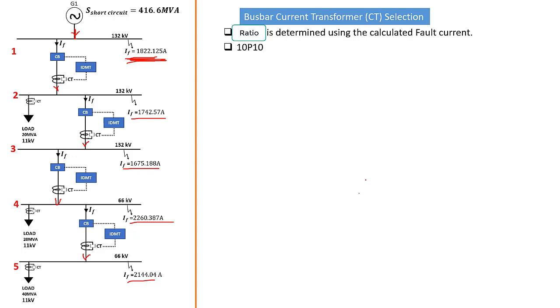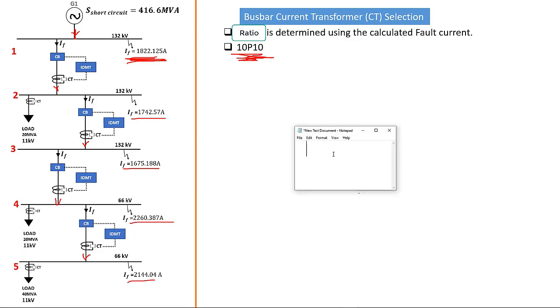Now the other 10 means that our rated primary current must be multiplied 10 times. So that's actually what it means. It's 10 times the rated current. So what it means is instead of having a ratio of 1822 to 1, so basically that's the primary current and that's the secondary current.